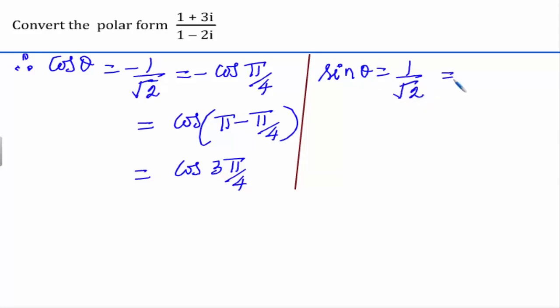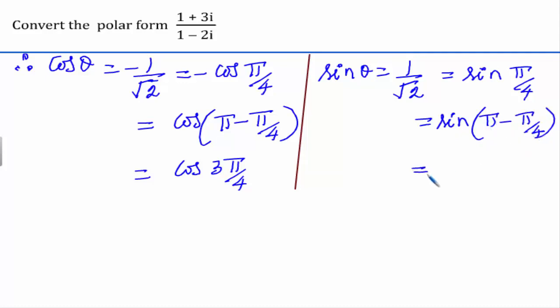This will be equal to sin pi by 4. Since theta lies in the second quadrant, we can write this as sin pi minus pi by 4. This will be equal to sin 3 pi by 4. So from this, we can say theta is equal to 3 pi by 4.